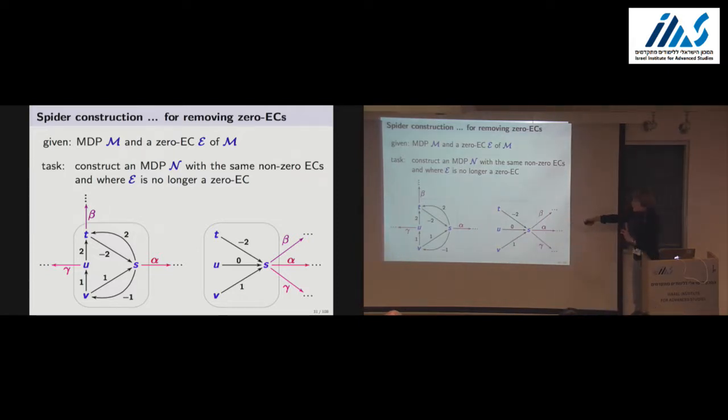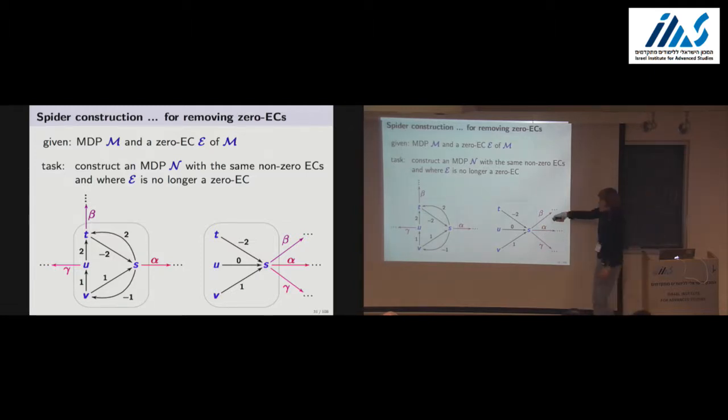We pick one reference state, here the state S. For all other states, here T, U, and V, we throw away all other transitions inside this EC, and instead we have a single transition from each of these states to S with probability 1, and the weight is exactly the weight of the paths inside this EC that go from T to S, which is here -2, or from U to S, which is 0, or from V to S, which is 1.